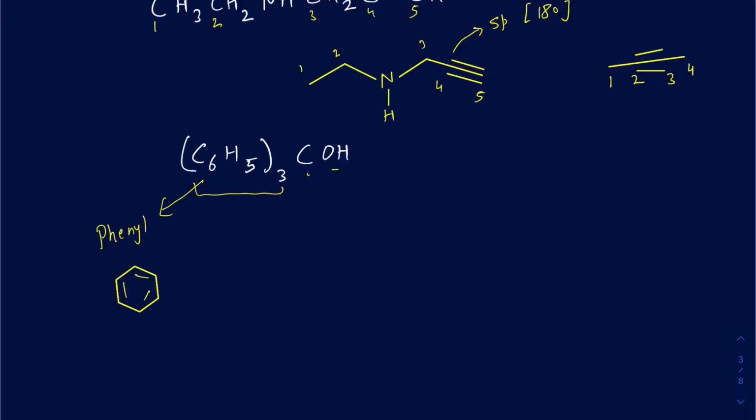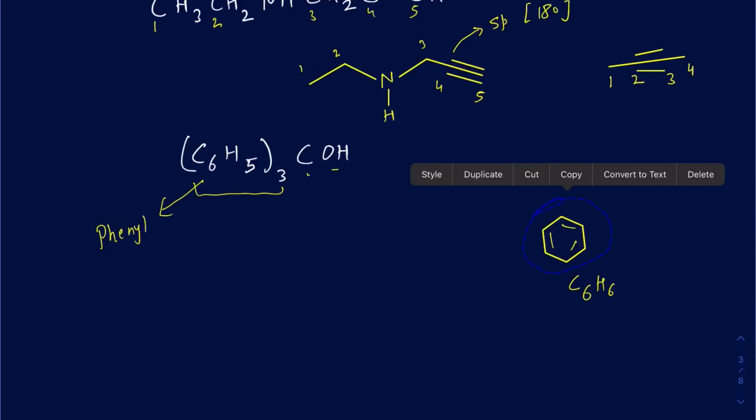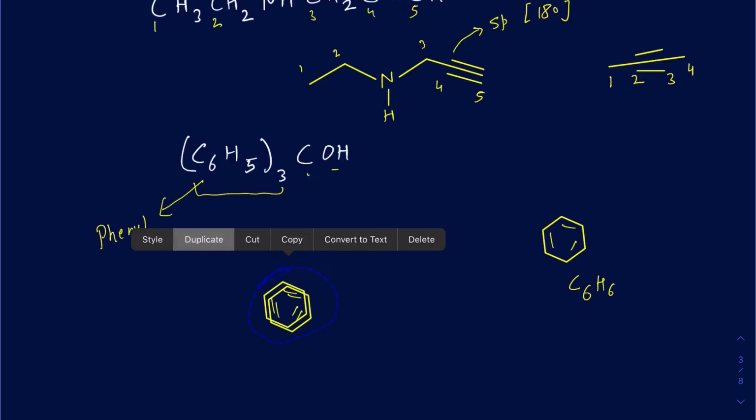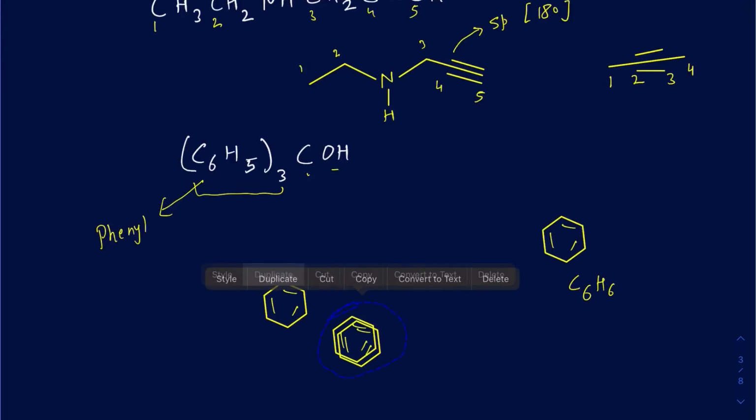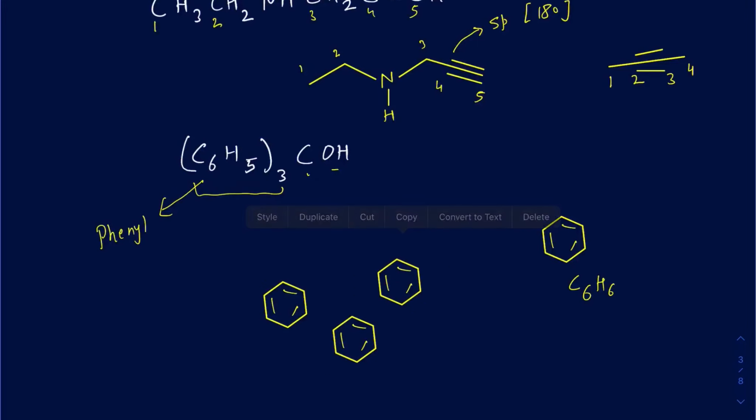So if you have this right there, if I just do that on the side, the formula for this particular one is C6H6, but remember there is one less hydrogen in the given question here, and that's because these phenyl groups are going to be bonded to that carbon. So you have 3 of those. If I just copy those down, so it seems like I got 3 of those.